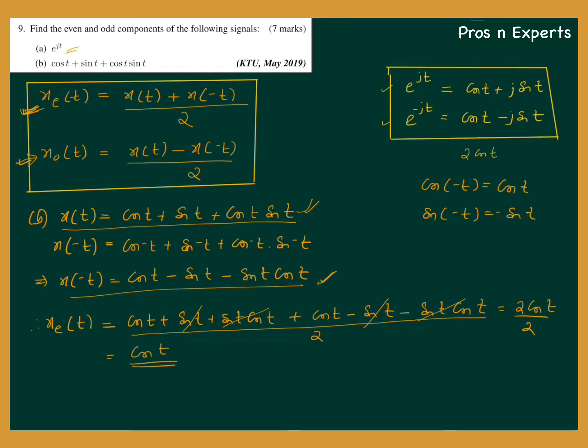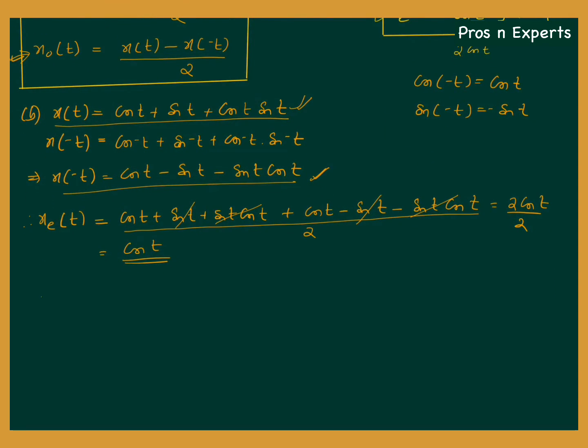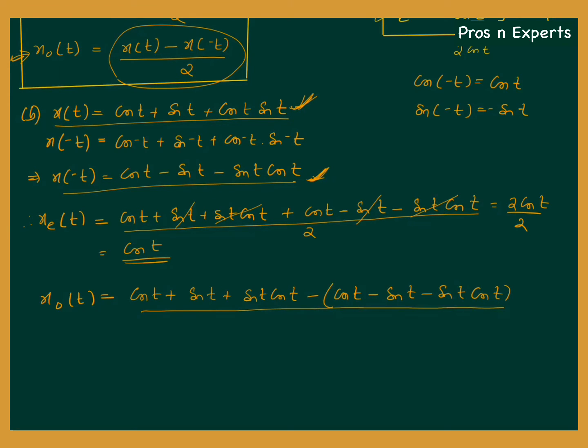Now we will find the odd part. Xo of t is equal to x of t minus x of minus t by 2. So x of t is cos t plus sin t plus sin t cos t, minus x of minus t, which is cos t minus sin t minus sin t cos t, whole divided by 2.